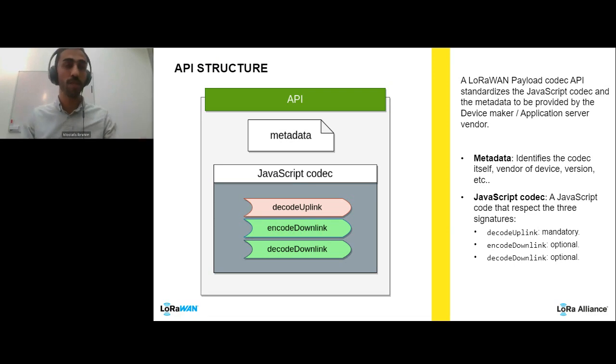The LoRaWAN Payload Codec API is not just trying to standardize the code that will be interpreted, but even the metadata, which is the information used for identifying the codec itself, the vendor of the device, the version, and so on. And the JavaScript code, for sure.